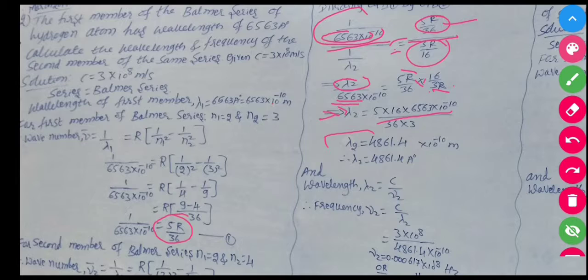Now do the simplification. After taking the reciprocal and simplifying, you get lambda 2 in the numerator and 6563 into 10 raised to minus 10 in the denominator, which equals 5r by 36 into the reciprocal, 16 by 3r. This r will get cancelled.